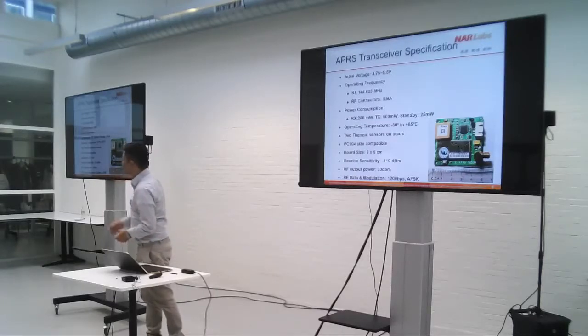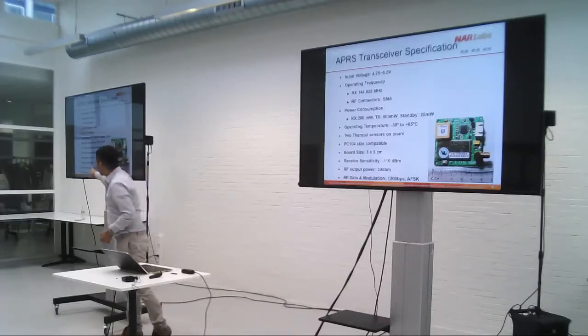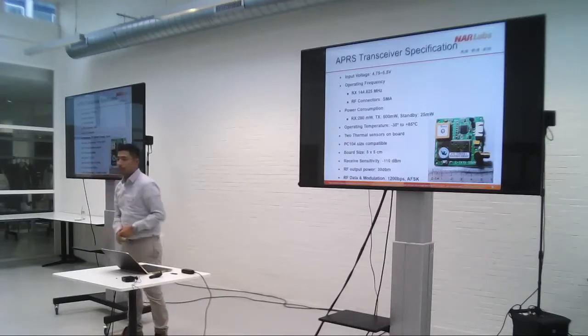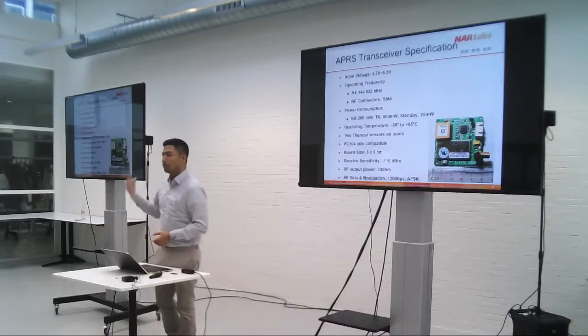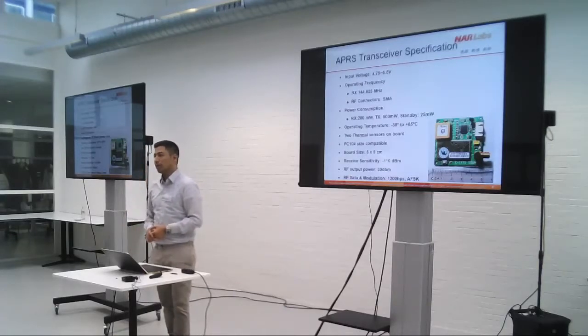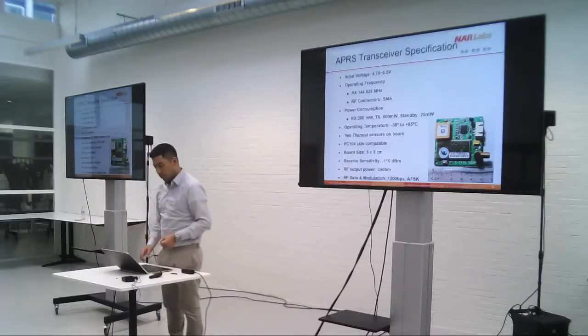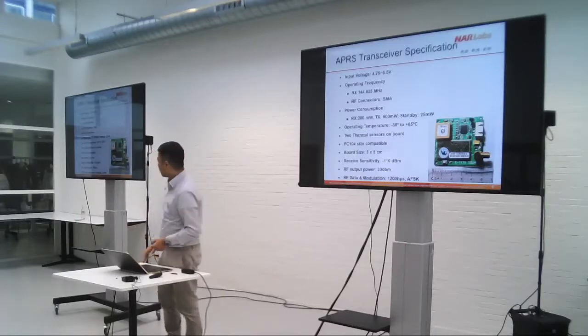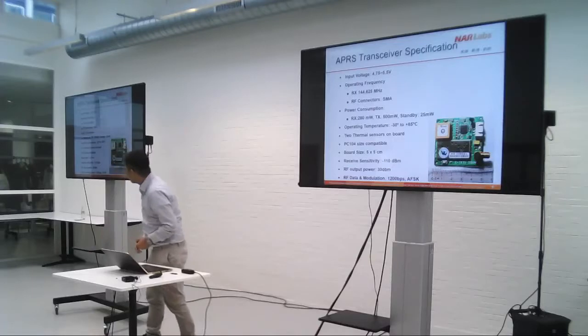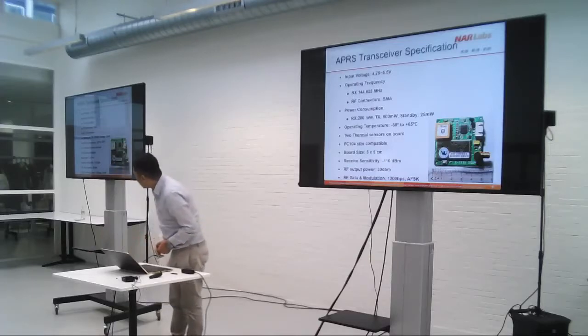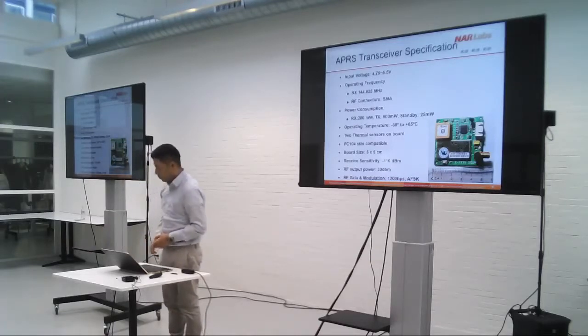You can see the board size is already 5 by 5, so maybe they need to do a custom build. But this you can already buy and test with a balloon launch. The data rate is AFSK based, 1200 bps.